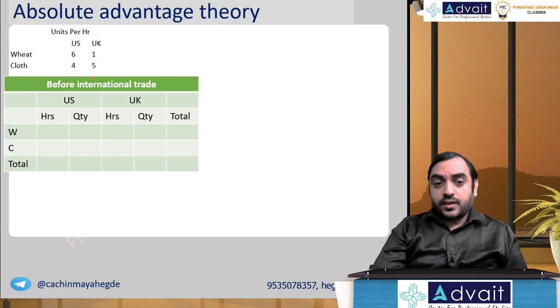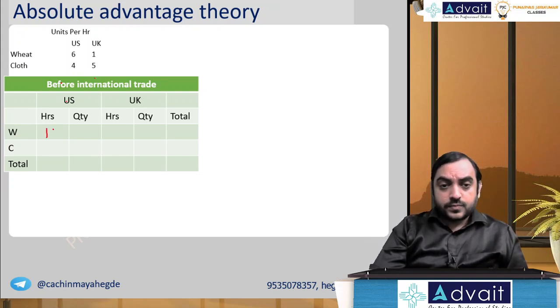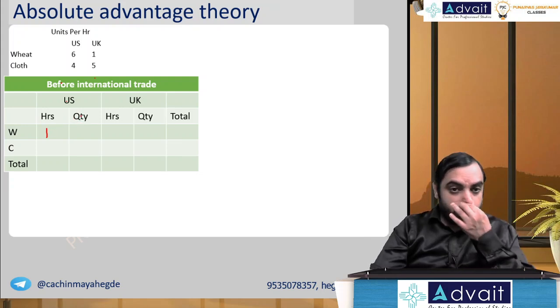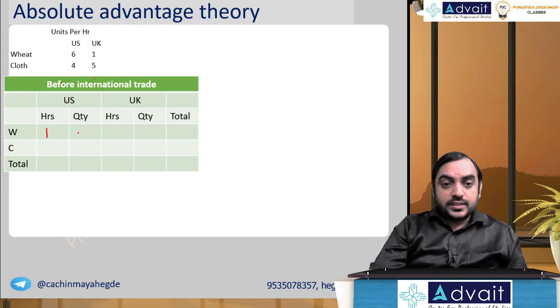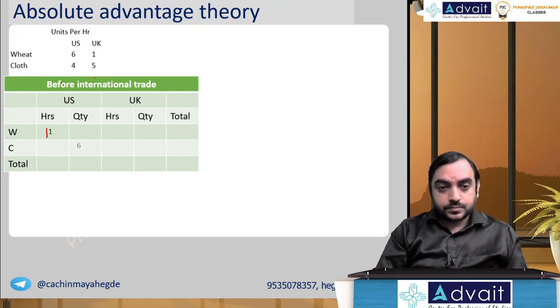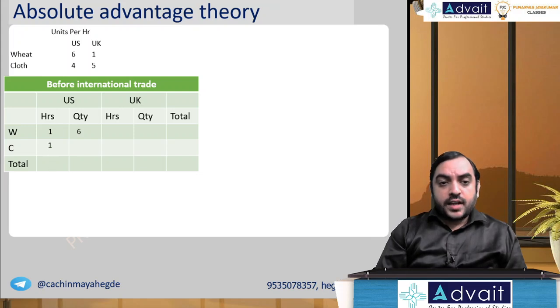Before international trade, in US in 1 hour how much quantity could you produce? In US you could produce wheat 6 quantity, and US cloth you can produce 4 quantity.